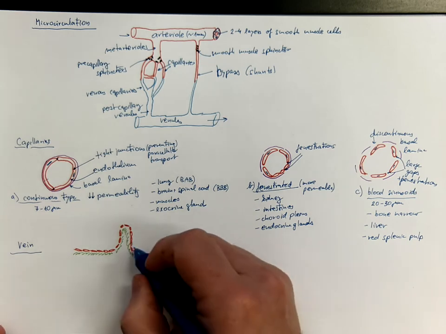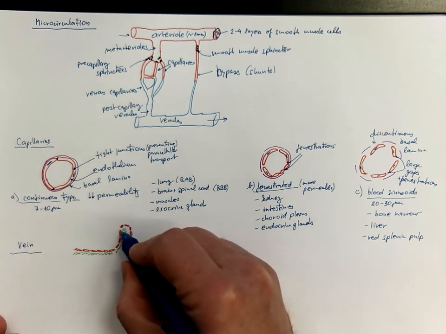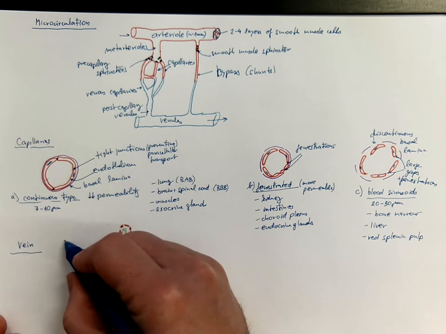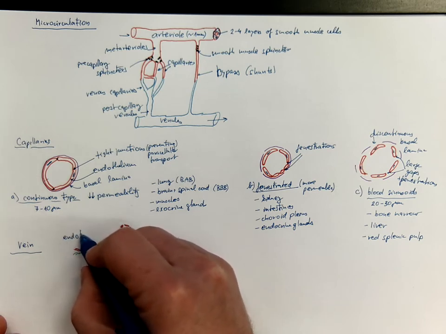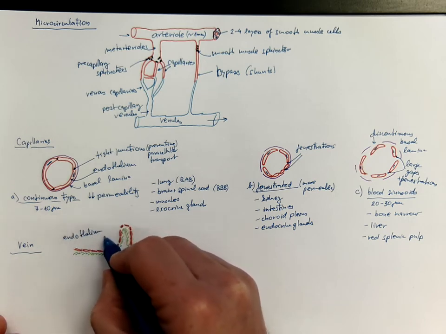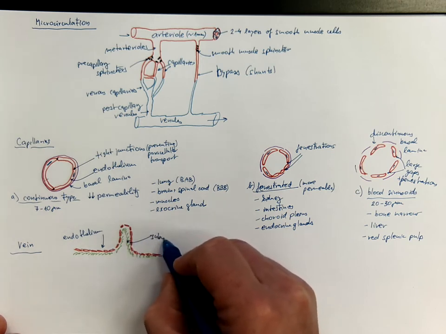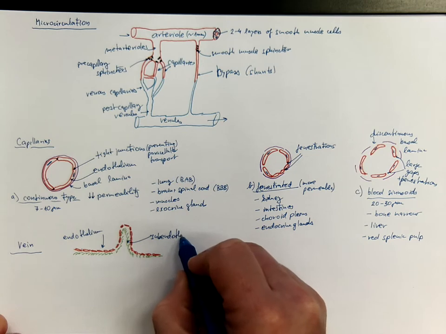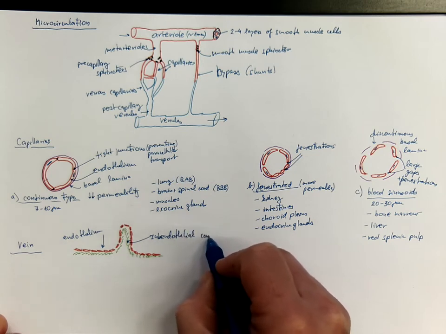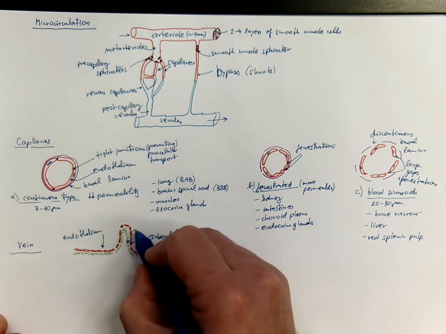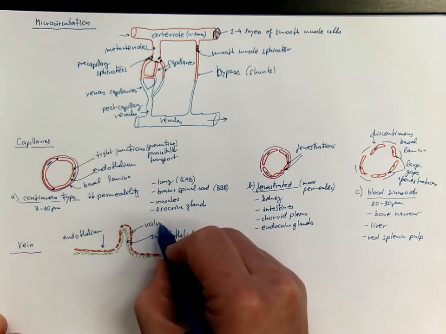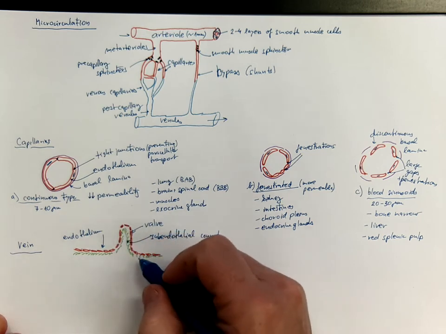So this is endothelium, subendothelial connective tissue. Here we have the valves, one of the leaflets.